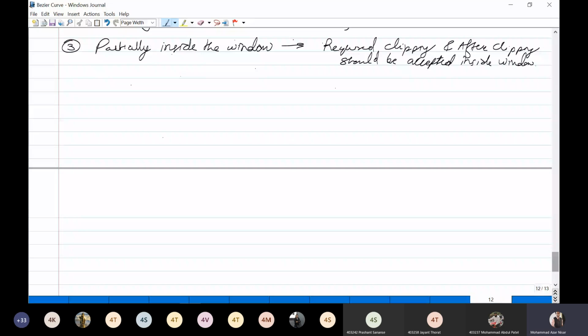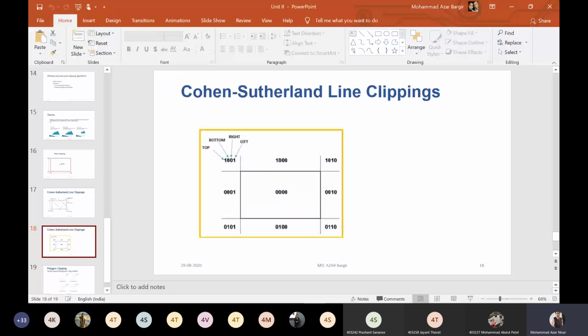Now let's see in the PowerPoint presentation what these 0000 codings are. In the center you can see 0000.